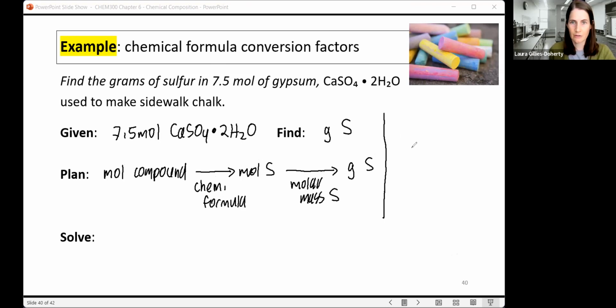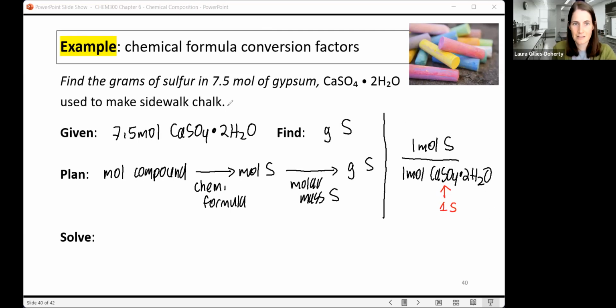Okay, so from our chemical formula, let's come up with this conversion factor. For every 1 mole of calcium sulfate dihydrate, we have 1 mole of sulfur. And I got that from the chemical formula, that there's 1 S in this molecule. So 1 mole of sulfur for every 1 mole of this compound. So now let's set this up.